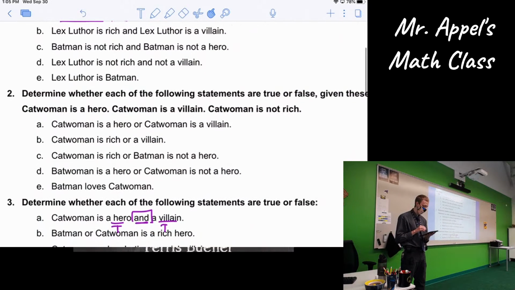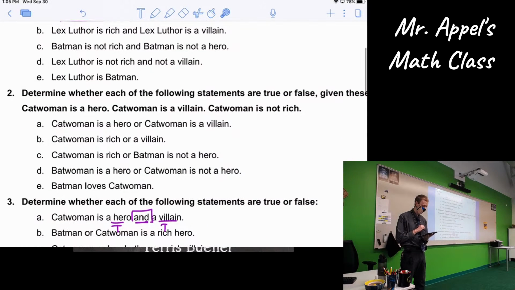Now look at number 2. I've introduced a few more facts here. Catwoman is a hero. Catwoman is a villain. Catwoman is not rich. So now let's see a combination of or.